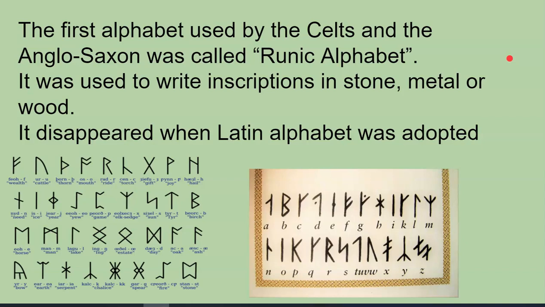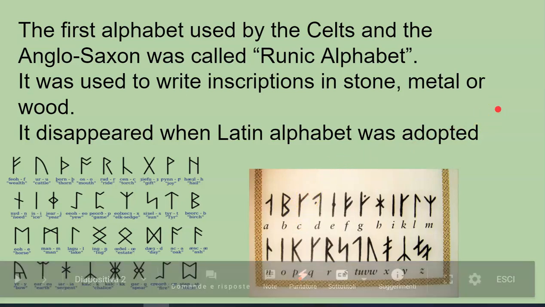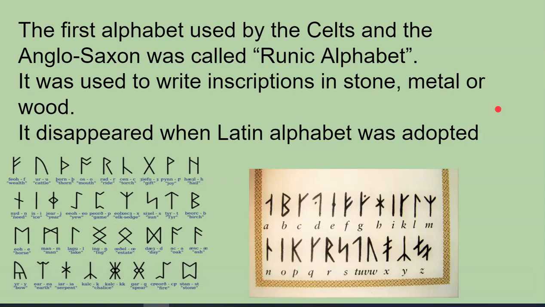But it gradually disappeared, not all at once, when the Latin alphabet brought by the Romans started to be adopted by all the inhabitants of this country. So you can see here, for example, A, B, C, how they are different from the modern written English language.